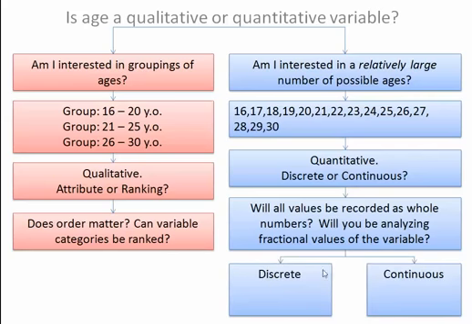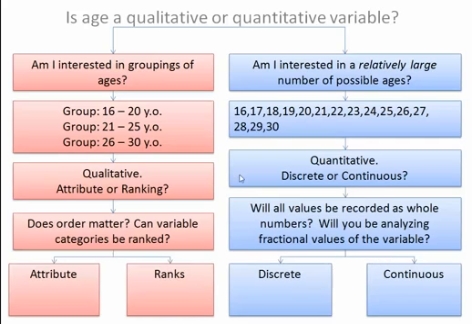So we have this process here where we have to ask ourselves two sets of questions. We have a first tier level, and then we have another tier.